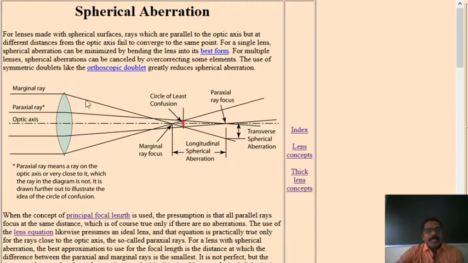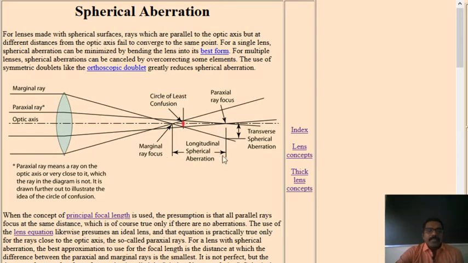The marginal rays converge nearer to the lens, and the paraxial rays converge at a different point. Here is the paraxial ray focus, here the marginal ray focus. So the image is formed in between the marginal ray focus and the paraxial ray focus.